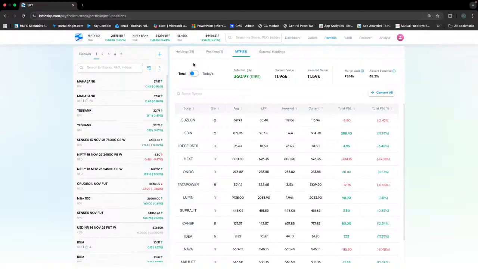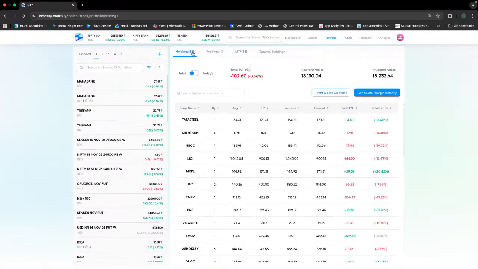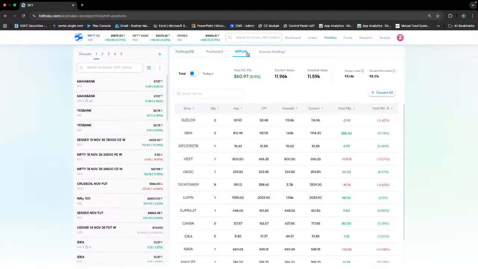And holdings are also separate. So it gives a clear view in the HDFC Sky platform of how many stocks I have bought as MTF, how many I have bought as normal delivery holdings. The advantage of MTF, as I already explained, is that you can buy more quantity with less amount, depending on your margin available.